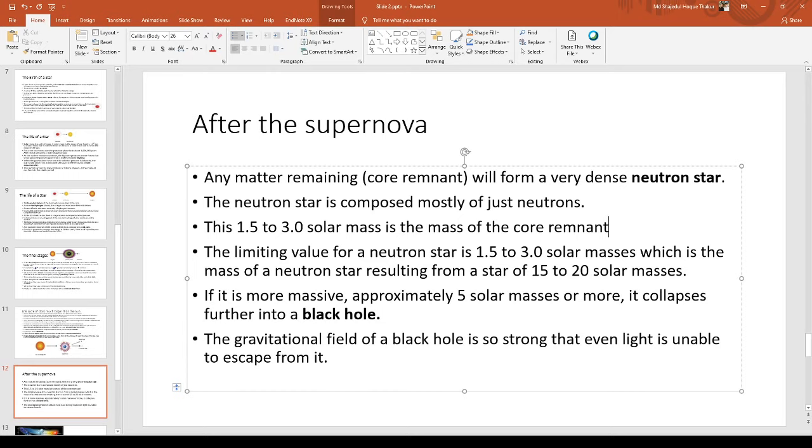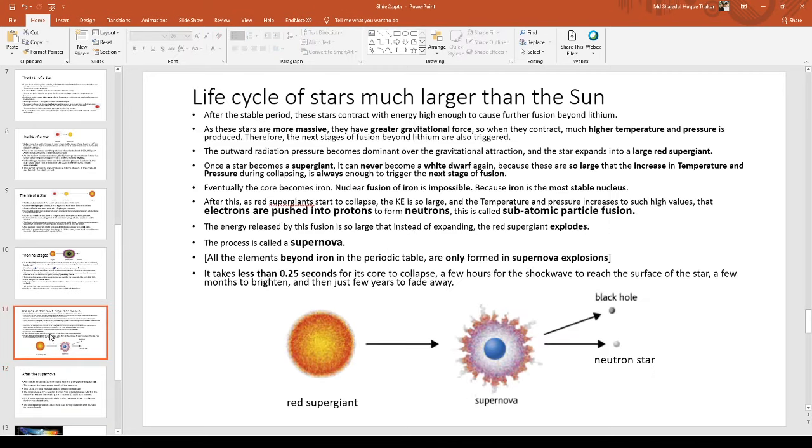So just the remaining parts of the star, after the supernova, after throwing out most of its parts into the empty space as debris and stellar nebula, whatever remains after the supernova is the core remnant.